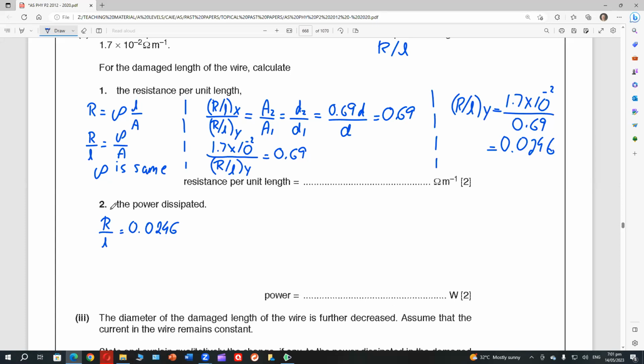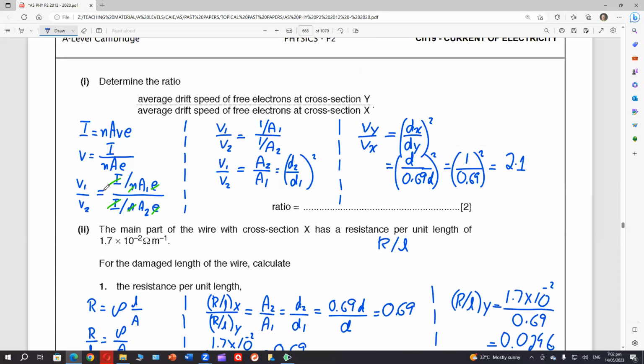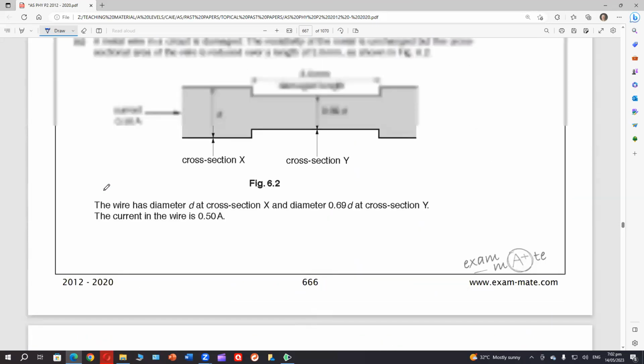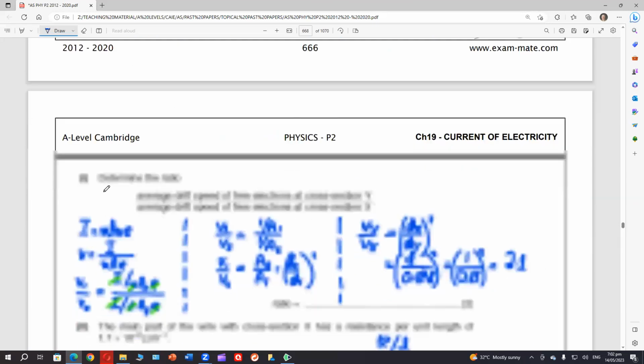Then help me out. R upon L is equal to 0.0246. But what will we put as the value for L? Length we have now. The damaged part length is 3 millimeter.